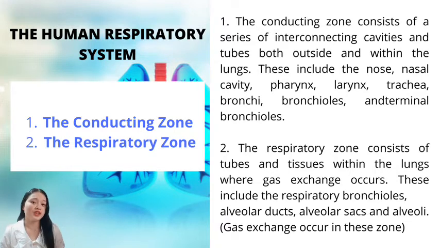The major functions of the conducting zone are to provide a route for incoming and outgoing air, remove debris and pathogens from the incoming air, and warm and humidify the incoming air. Several structures within the conducting zone perform other functions as well.